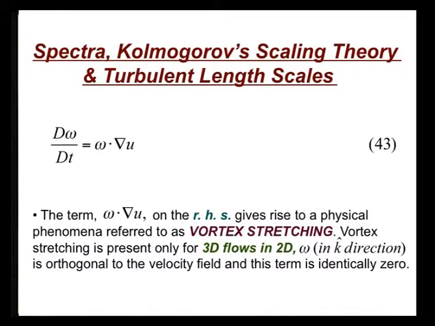What happens is that this is only present in 3D flows. In 2D flows omega and the grad operator are in quadrature, so they would not have any problem.